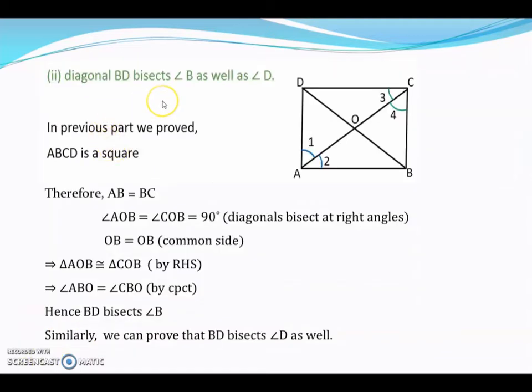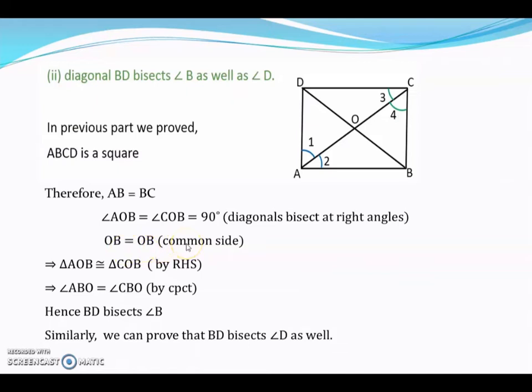So the second part of the same question is that you have to show diagonal BD bisects angle B as well as angle D. In the previous part we have already proved that ABCD is a square. So therefore AB and BC are equal. Now angle AOB and angle COB are both 90 degree each, because we also know that diagonals bisect at right angles for a square.